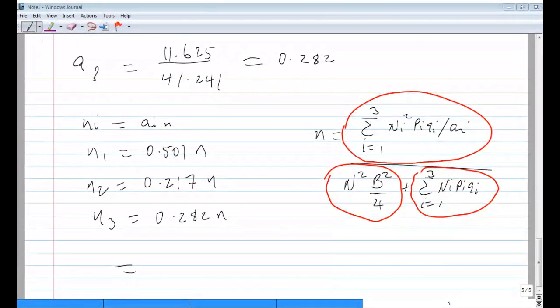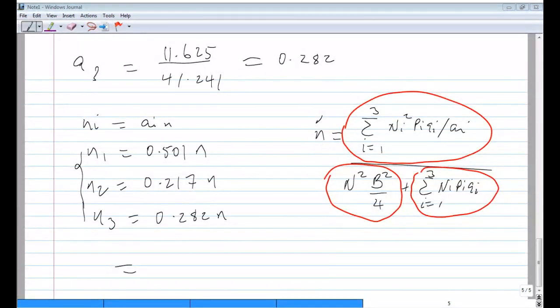Sir, what is the difference between the sample size of each strata and the sample size to estimate P? Oh, this one is the overall sample size, and these ones are the sample sizes for each strata. Okay.